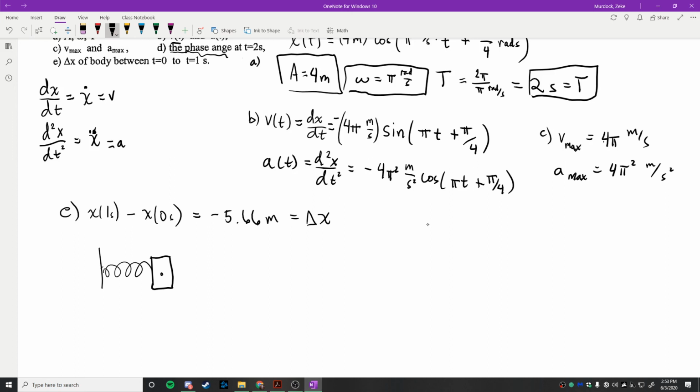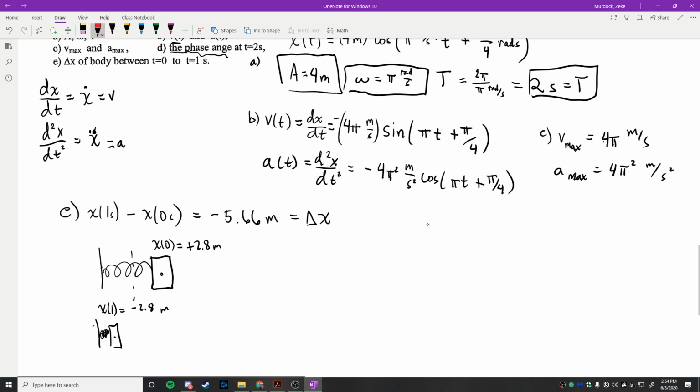Oh, this is final. Oops. Here, we'll do it this way. So this is x at time equal to 0, which is positive 2.8. And then this is x of 1, which is equal to negative 2.8.